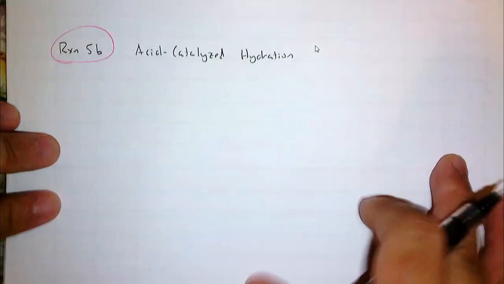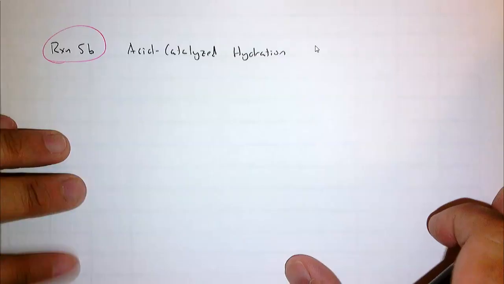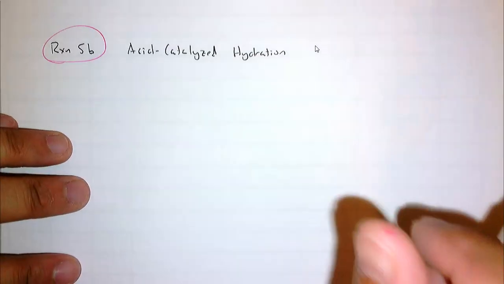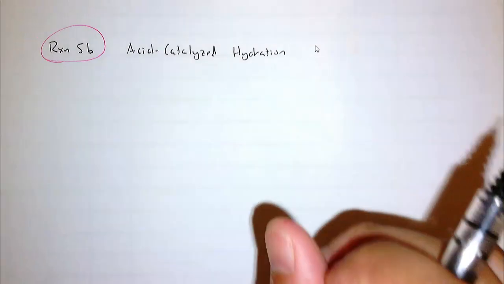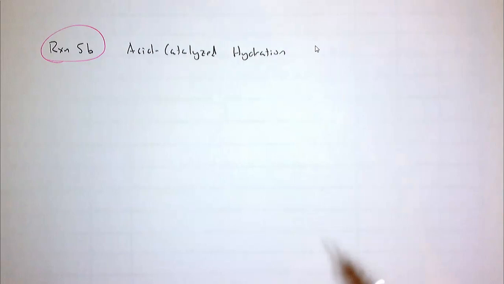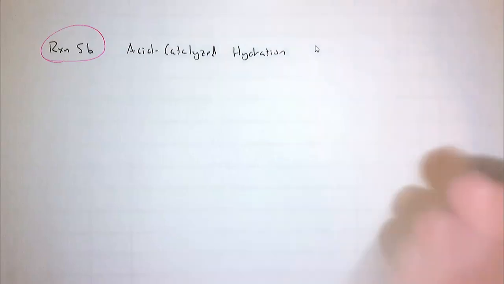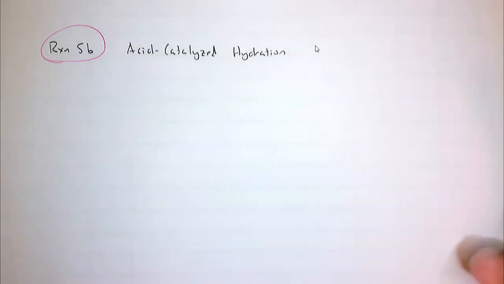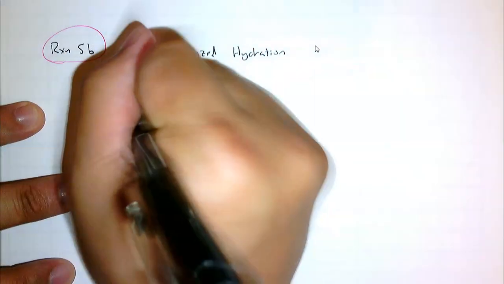It's going to have a very similar mechanism as hydrohalogenation, and it's going to have the same type of concerns: whether we have to worry about Markovnikov's rule, and whether we have to worry about wedges and dashes for the atoms that are added. Let me use our same alkene. In this case, our reagents are going to be water and acid.